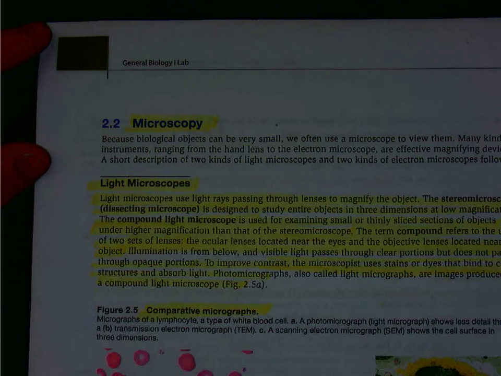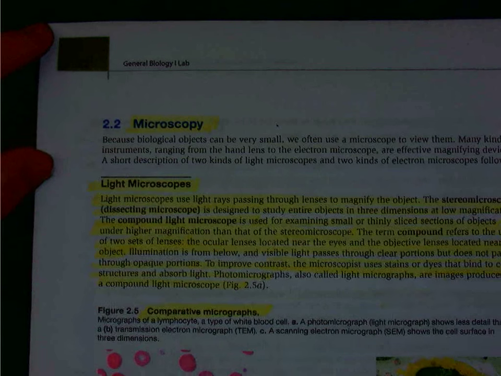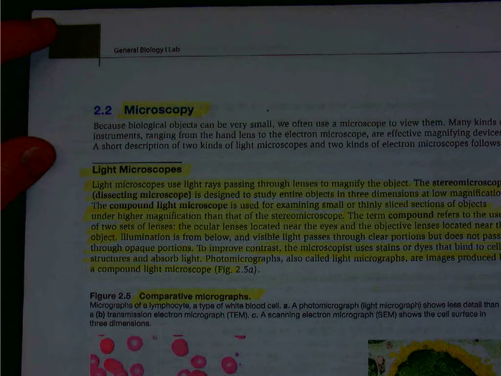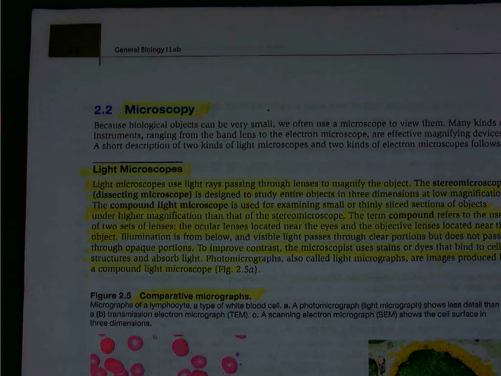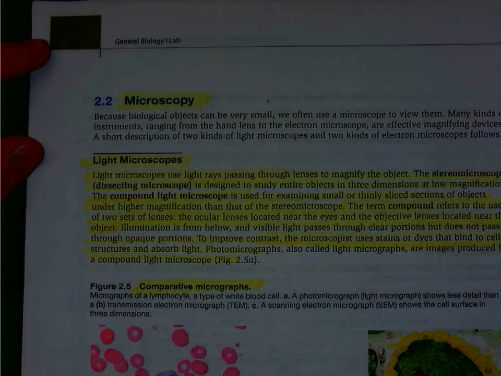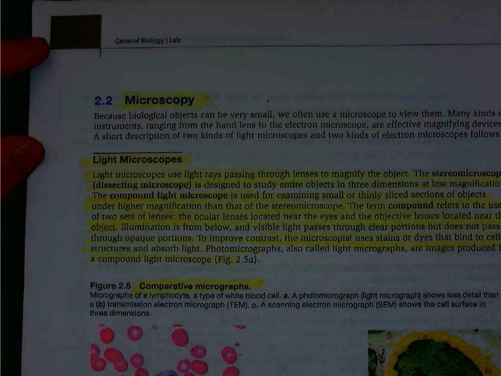We applied that to some things that we were measuring on the microscope. And speaking of microscopes, on pages 22 and 23, you have a discussion about the differences between light microscopes and electron microscopes.